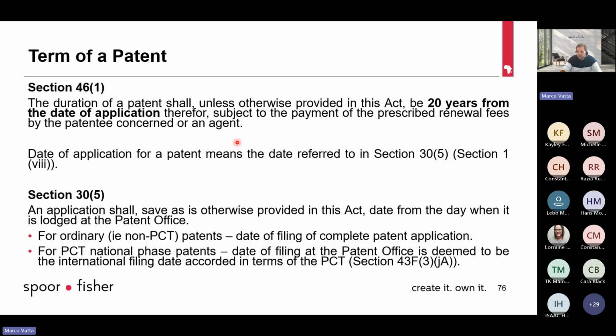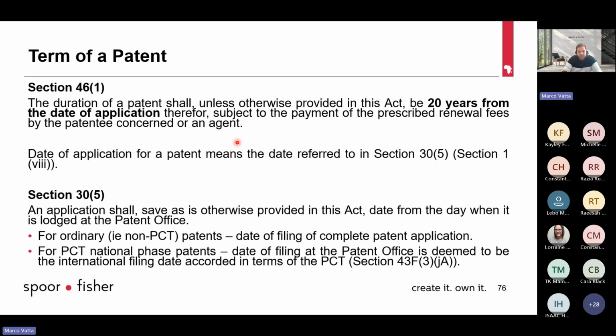Okay, that brings us to the end of divisional applications. Again, you can read through the term of the patent. I think everyone is very familiar with the term of a patent now. We know that it's a 20-year duration from the filing date, but remember to make the distinction between the various filing dates of a complete patent application and a national phase application.